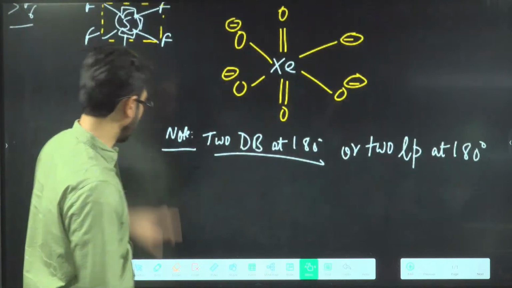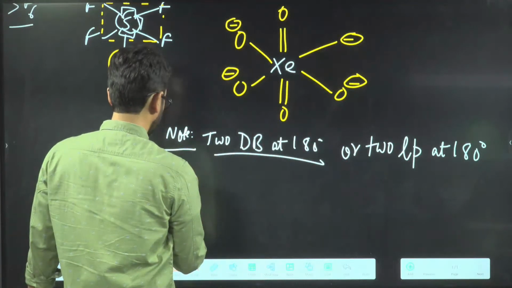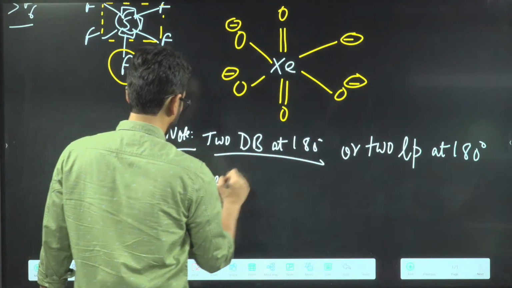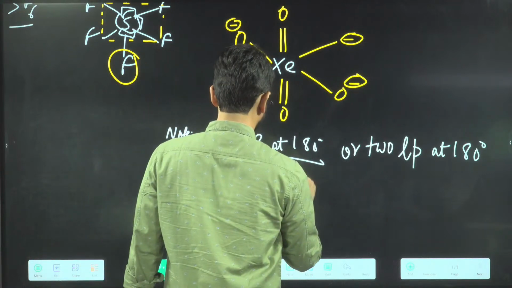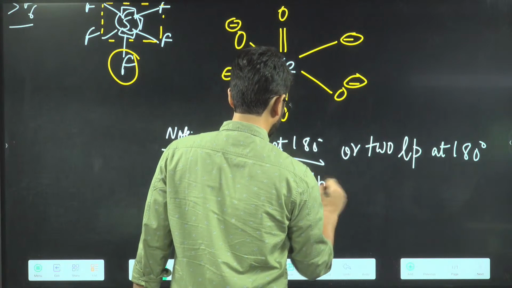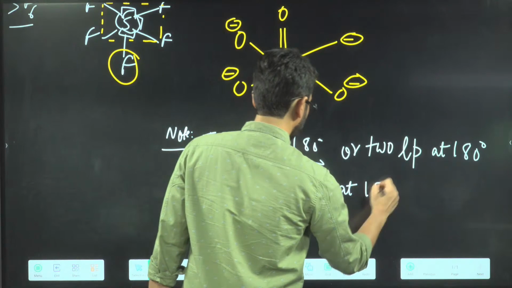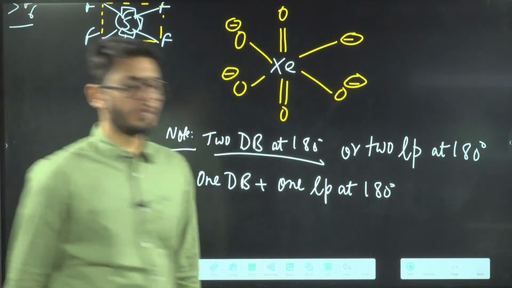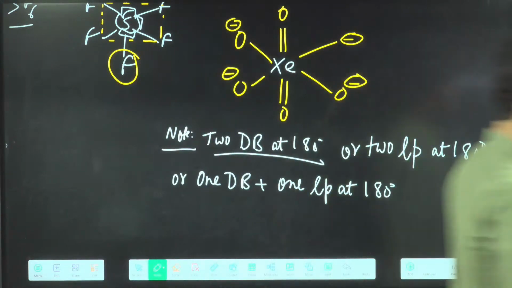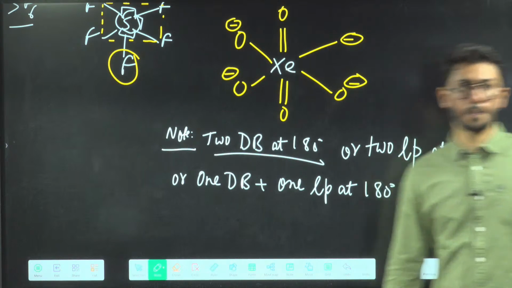So combiningly you can mention, may be useful for other types. And the reason is what? Same reason, to avoid the repulsion factor, we can put them at maximum distance, which is maximum bond angle 180 degree.